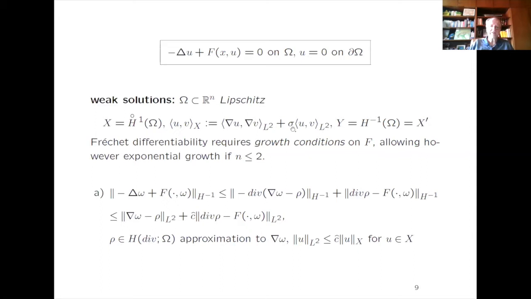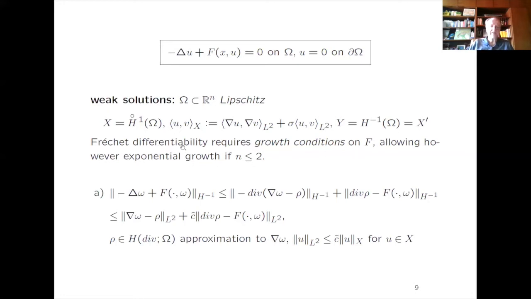Well, sigma certainly has to be positive when the domain is unbounded. The space Y, as I said, is the dual of the space X, which means the space of bounded linear functionals on X, which in case of X being H^1_0 is usually abbreviated as H^-1.